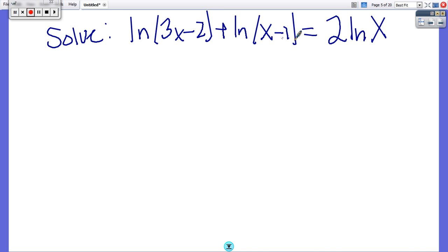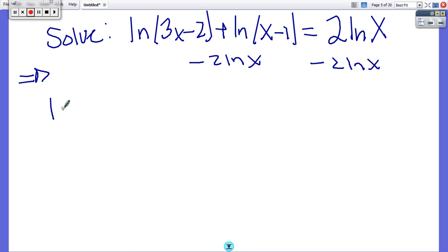So there's an x in all three of our terms. So the easiest way to solve this problem is going to be to graph it. But we need to make one side equal to 0. Just as if we were using a quadratic function and we're going to find the zeros, we need one side to equal 0. So all I'm going to do is subtract 2 ln of x from both sides.